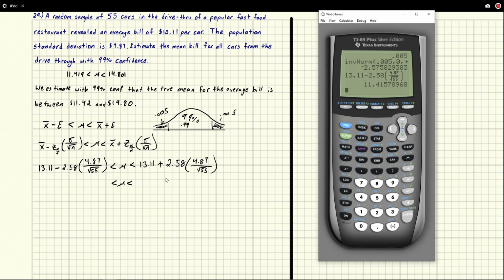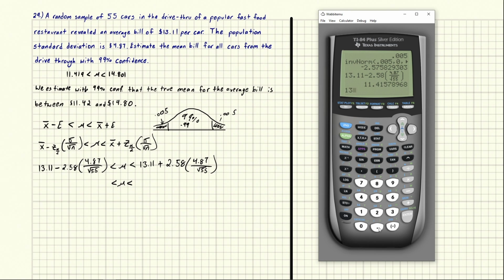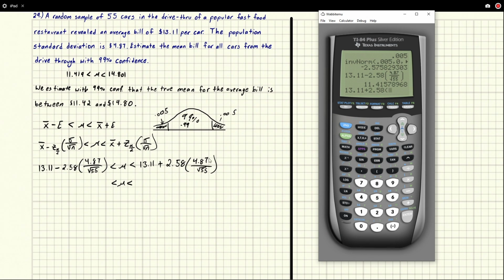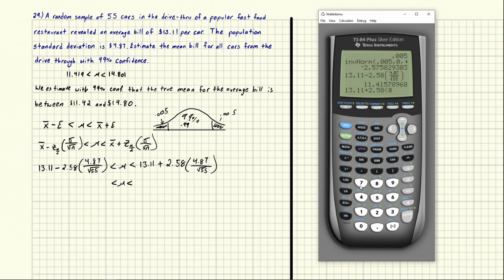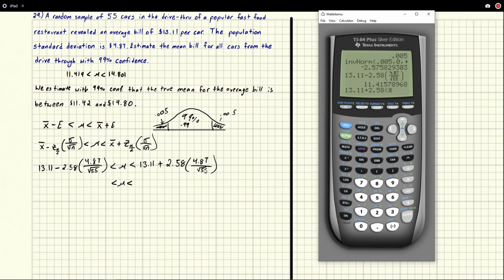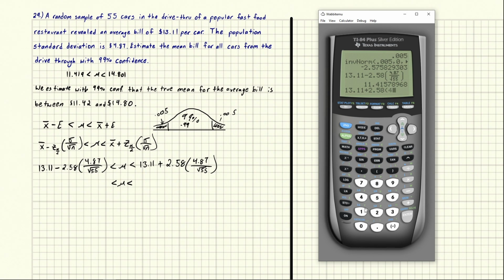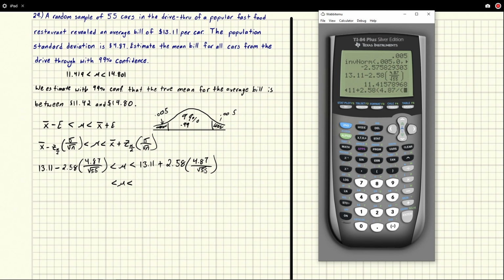Now let's do the other side, and I'll show you the way to do it if you don't have a calculator that can do fractions. So we have 13.11 plus 2.58, and we again put parentheses, but now we want to do this stuff inside. So it's going to be this top part divided by this bottom part. So it's going to be 4.87 divided by, and then I'm going to put parentheses to tell it to do this bottom part separately, just because it's a good habit to put things you want to be done individually in parentheses.